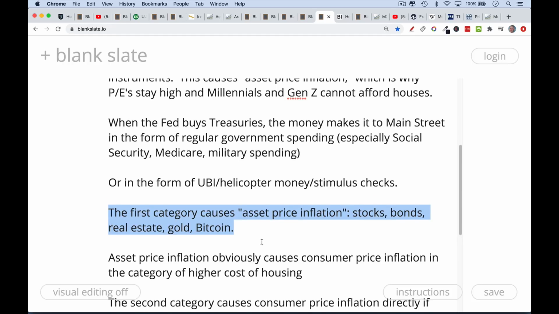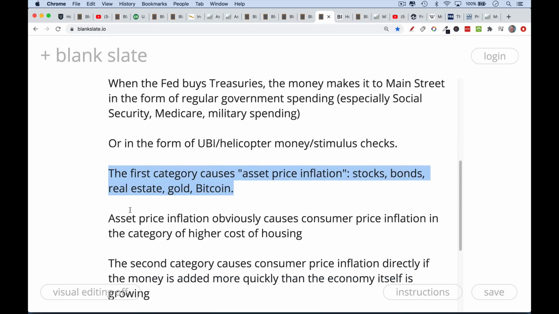These things go up in price, and I would point out that asset price inflation also causes some levels of consumer price inflation simply because it keeps real estate prices high. So the cost of living is higher for everyone. And it's disproportionately higher for those who had to buy a house since 2008 or 2009. They have a much higher cost of living because if you bought a house before that, you locked in your cost of housing.